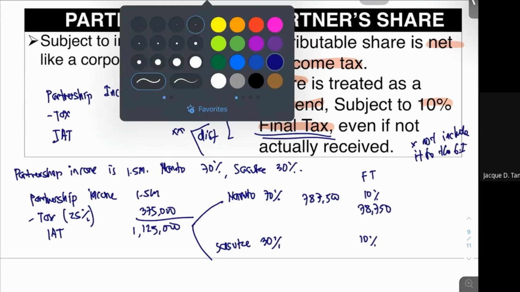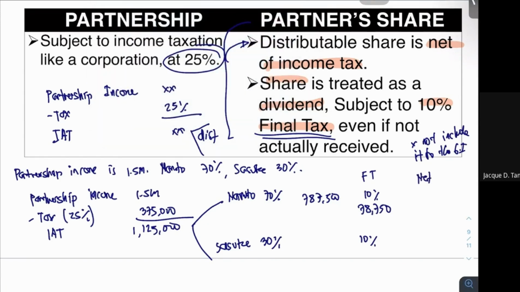So the net amount given will be 708,750. How about for Sasuke? Sasuke will receive 337,500 distributive share. That is 30% of 1,125,000. And subject to 10% final tax, that is 33,750.